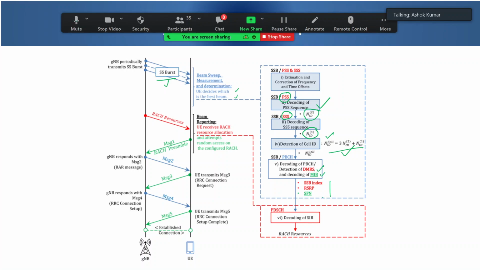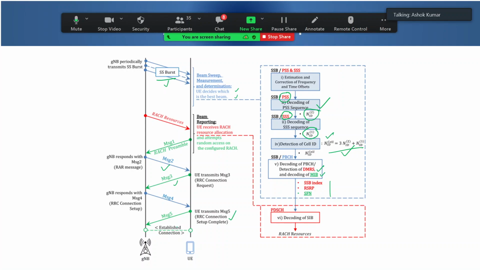It gets certain information, and it has now synchronized in the downlink direction in terms of frequency and time. So it will now access the gNodeB. They call it message 1, we also call it random access. Then the gNodeB will respond with message 2, and then it will send an RRC, radio resource connection, and the connection will be set up.